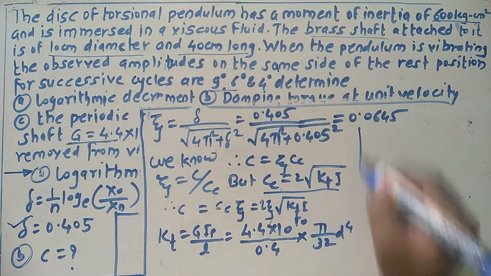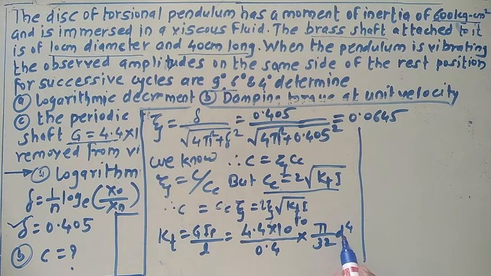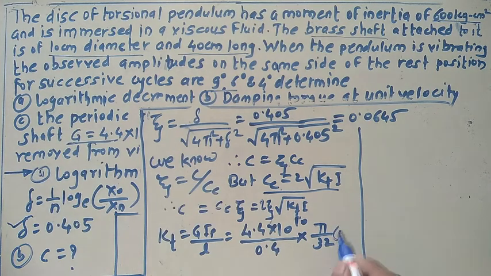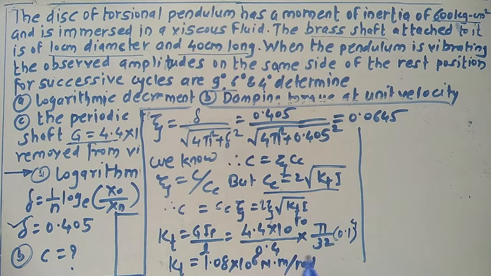Substituting the diameter, which is given as 10 centimeter, after converting it into meter, we found after calculation the value of kt as 1.08 into 10 raised to 6 Newton meter per radian.